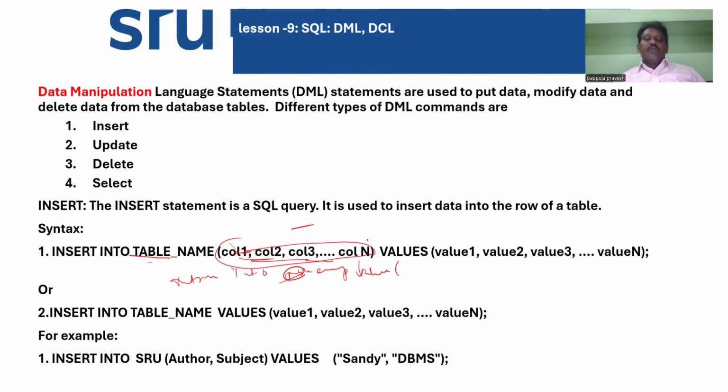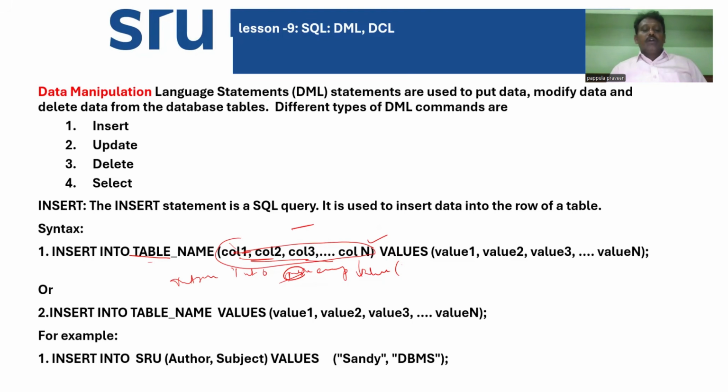Directly we can use values, value 1, value 2, and value n. So insert into table name values, value 1 comma value 2 comma value n. Now insert into SRU author comma subject. Author comma subject means actually the SRU has 4 or 5 attributes.